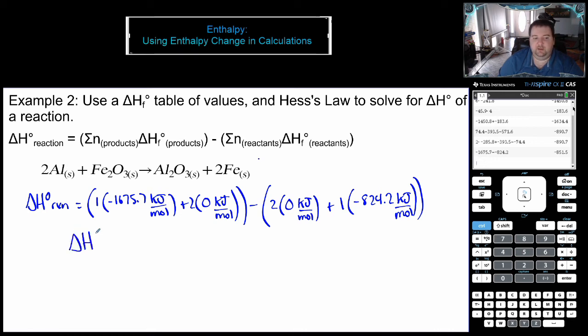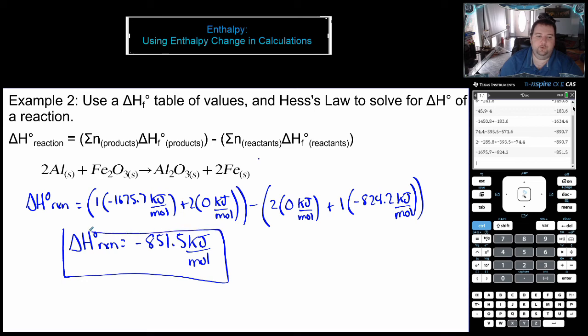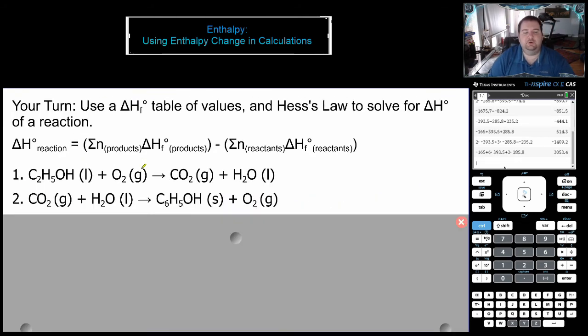And this gives me a delta H of my reaction of negative 851.5 kilojoules per mole. And that's it. Okay, it's going to be your turn.